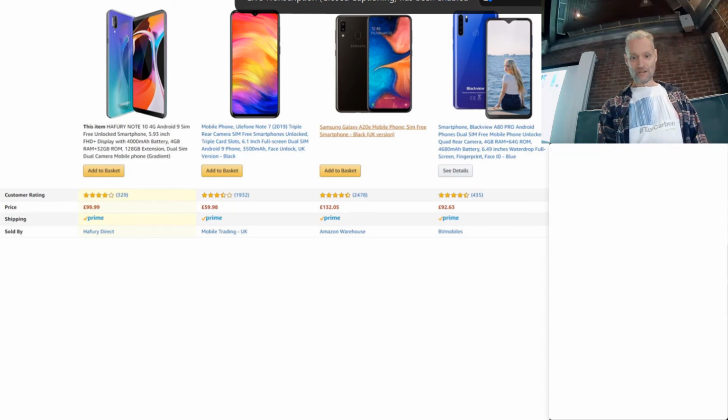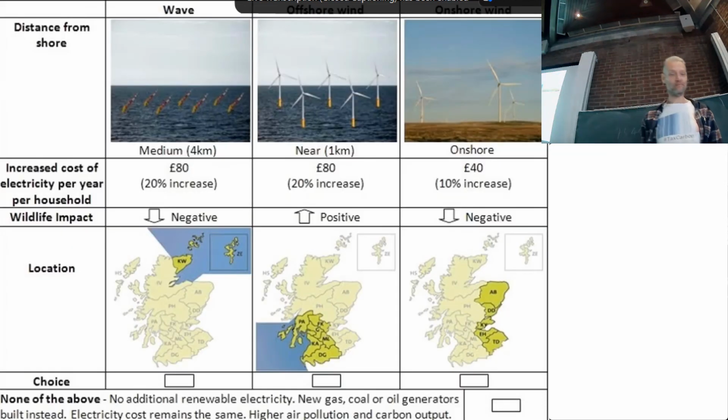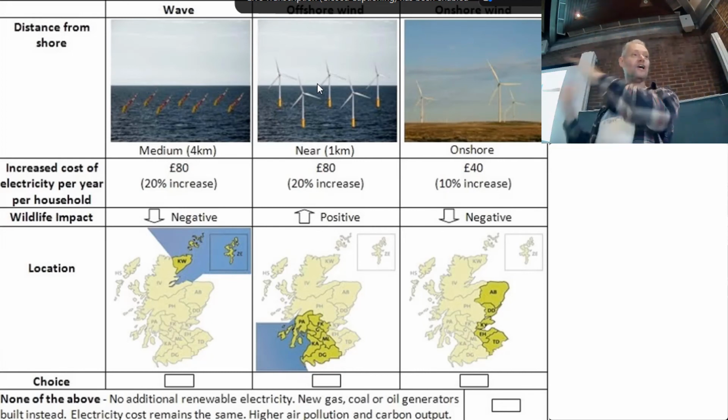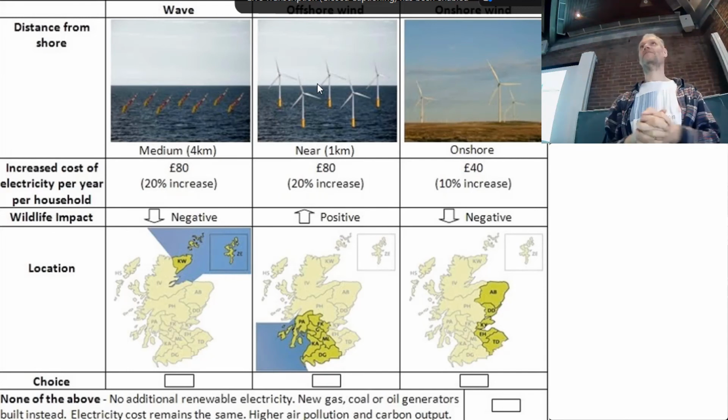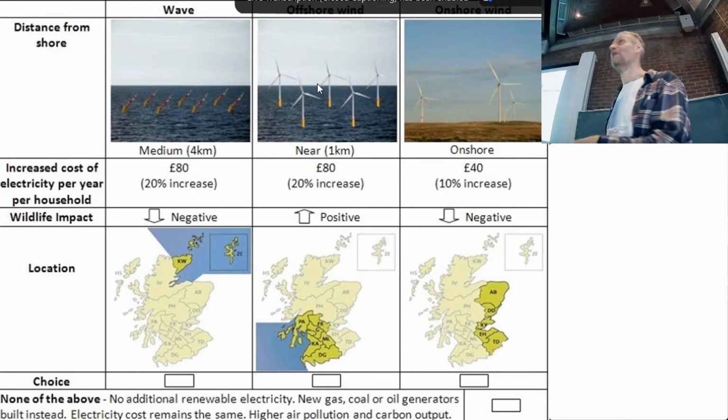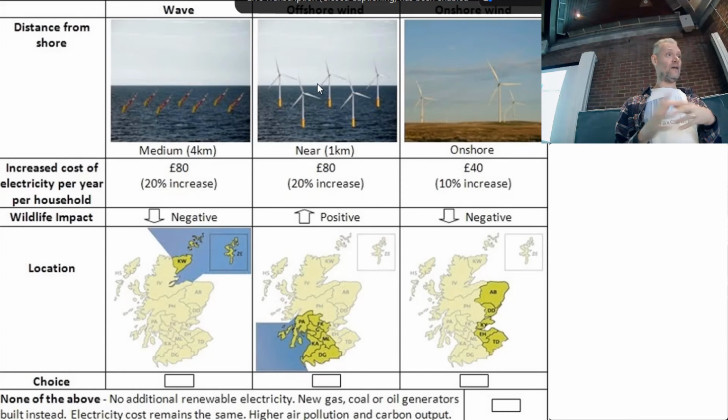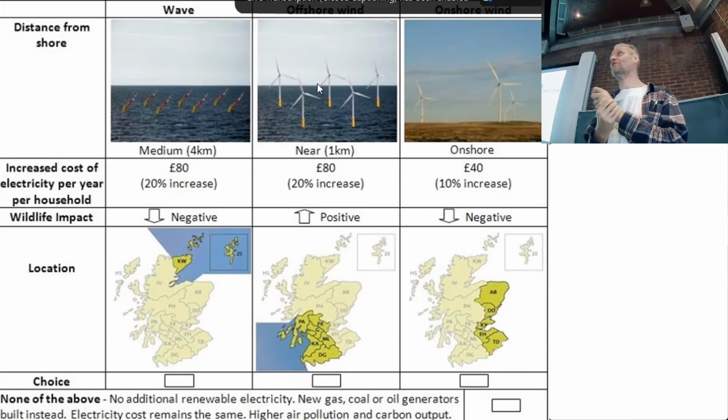And contingent choice is essentially the same thing. You ask people to choose. Would you rather have wave energy, offshore wind, onshore wind, and it looks different. We have a picture immediately. It also means that the price of electricity goes up by 80 pounds in 2 scenarios, or by 40 pounds in the third scenario. Onshore wind is a lot cheaper than offshore wind. And you would obviously do it in different places.